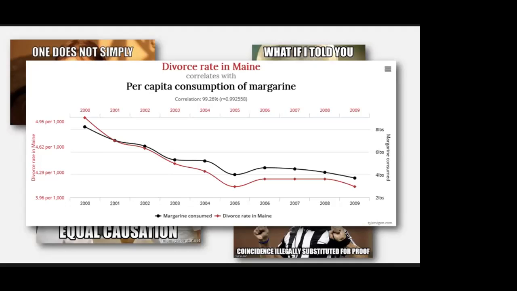We could do some experimentation and find out, is it that people aren't consuming margarine as much? It's not as bad for you. Maybe they're healthier, they're more active. And maybe people are staying married because of that, but we would have to do a pretty extensive experiment to look at that, or survey research or something like that to see if this is actually causation. But just looking at this data and just these two variables, you cannot say that one caused the other. It's merely a correlation.